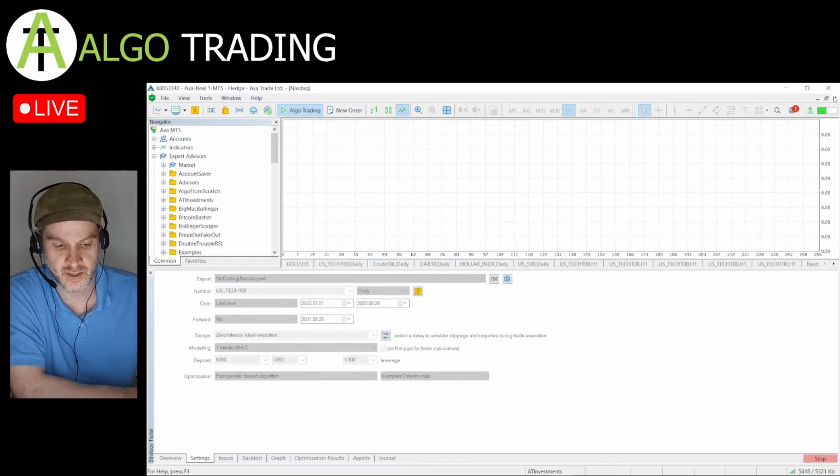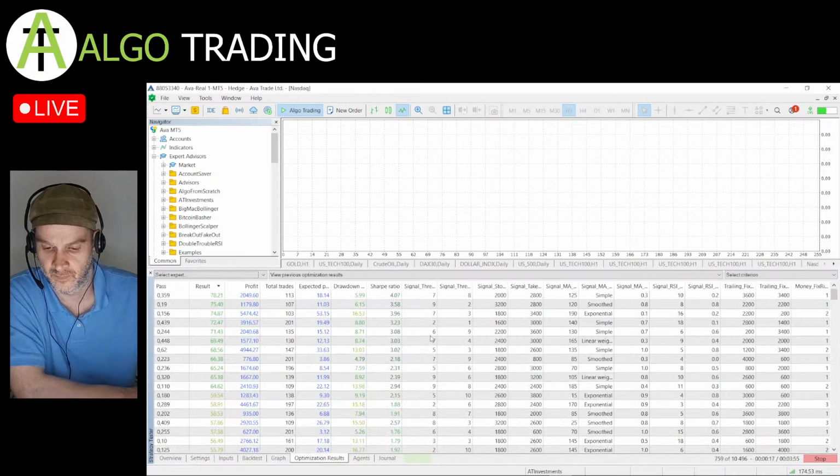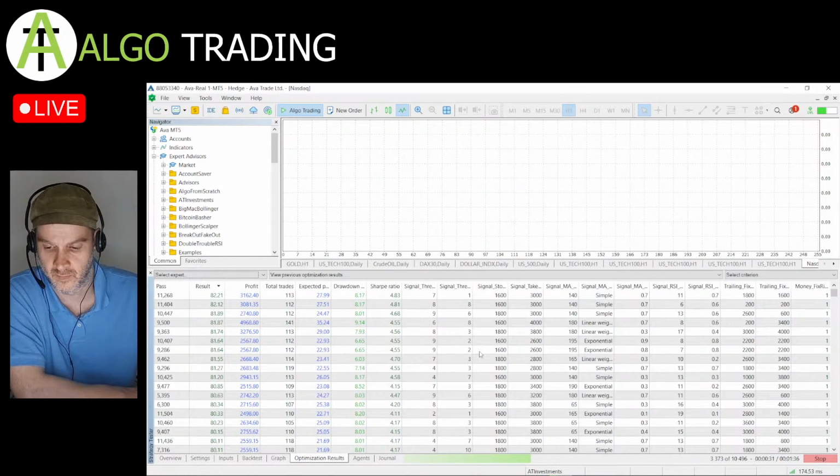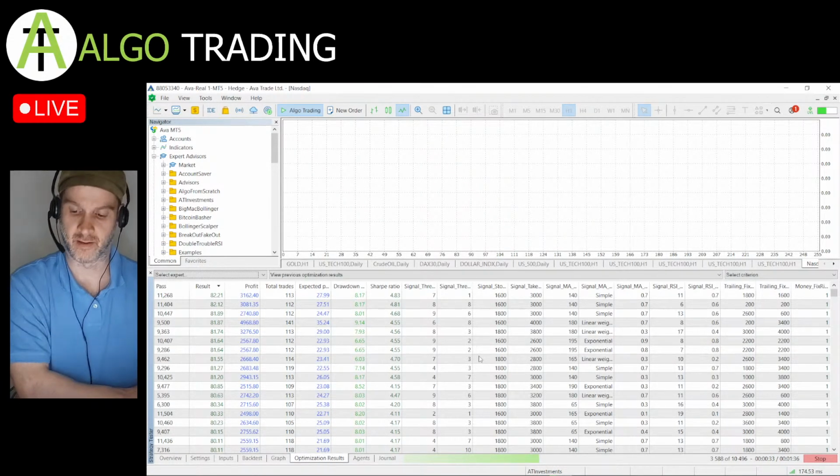When you run it on every tick mode, the results tie up, so it's not because it's every tick that we've got the issues. These look like sort of better results, more trustable. Yeah, these look much better.